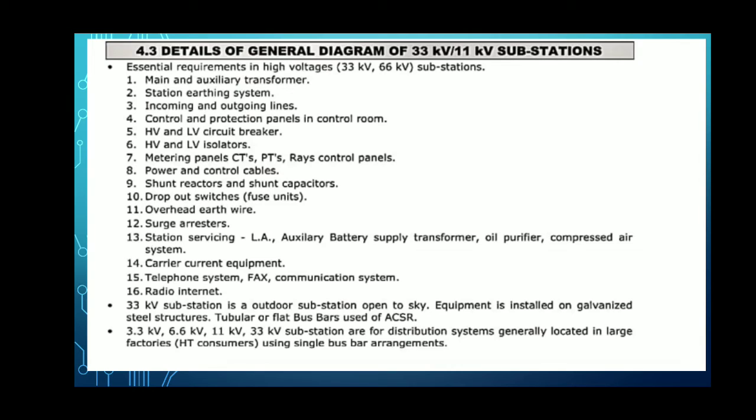Then an earthing system is required. Then the incoming and outgoing lines which are connected in the 33 by 11 kV substation. Then control and protection panels in the control room. Then HV and LV circuit breakers are also useful.